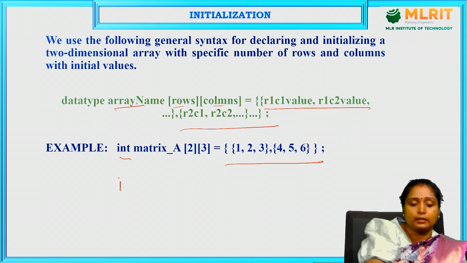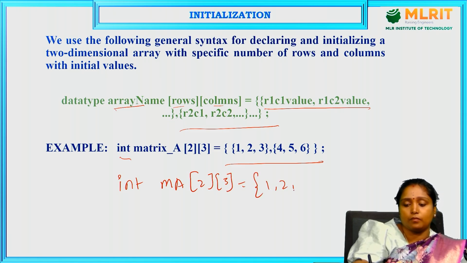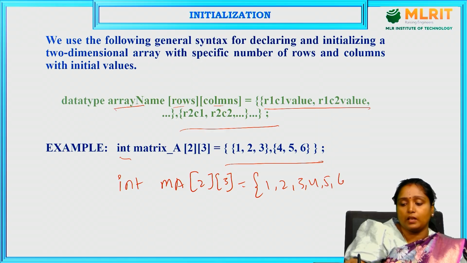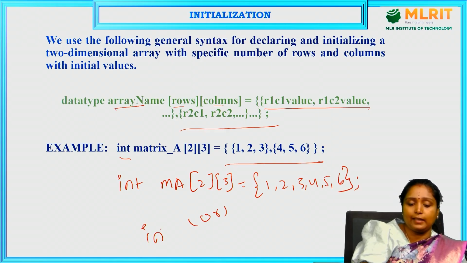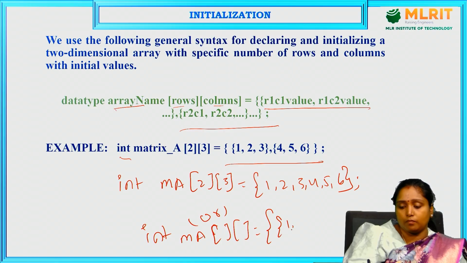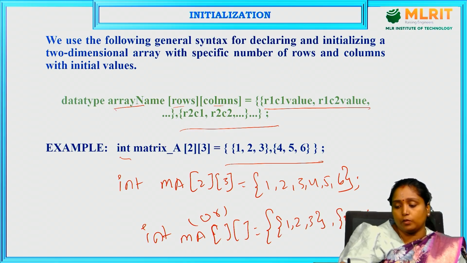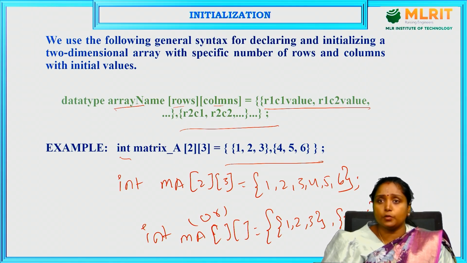Or you can write int matrix A like this also, or you can initialize it so that it represents the rows and columns also. This is all about the initialization part of 2D arrays.